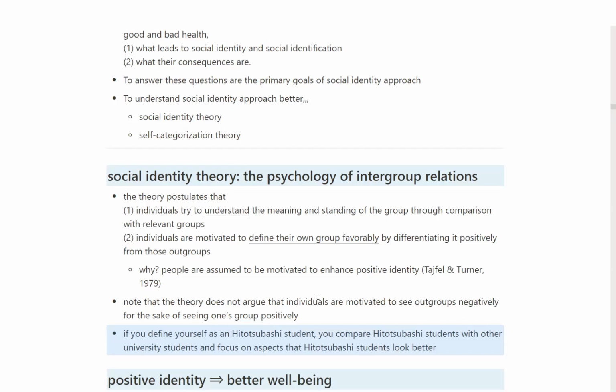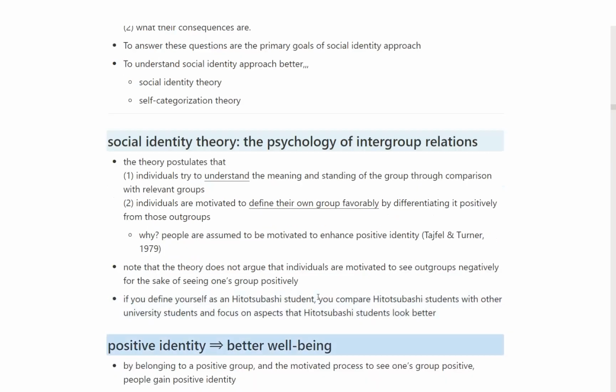You may pick up those issues only if you feel that we Hitotsubashi students are not equal to those students, or the issue does not apply to Hitotsubashi students. I think it's a good idea to think of some examples by yourself and see how this may be true.